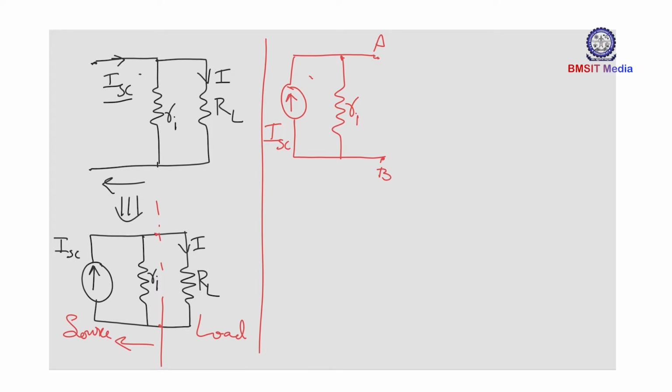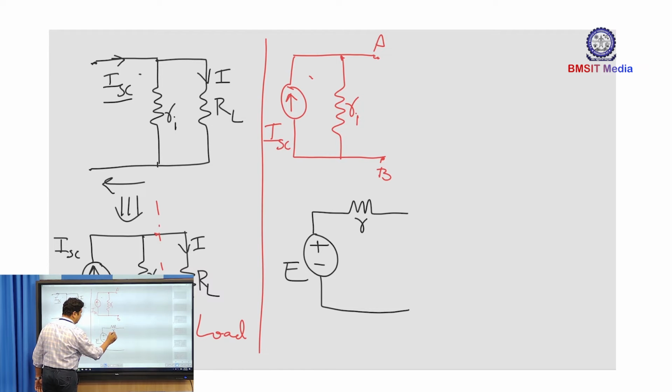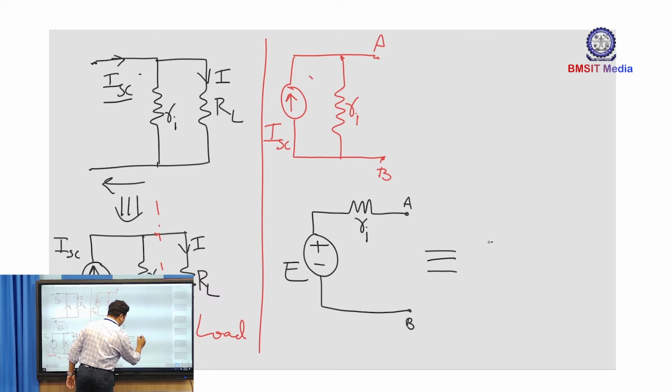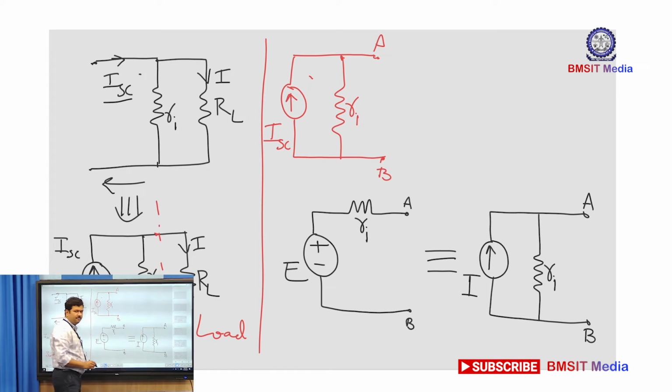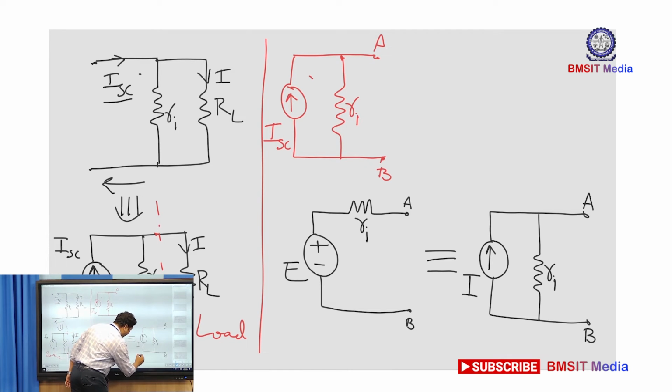So, here I can write a practical voltage source having the source value E, internal resistance Ri, and the load terminals A and B. It can be equivalently represented as a current source with a source value of I, keeping the internal resistance of the voltage source in parallel to the source of I amperes, such that my current I is equal to the ratio of the voltage source value to the internal impedance of the voltage source.